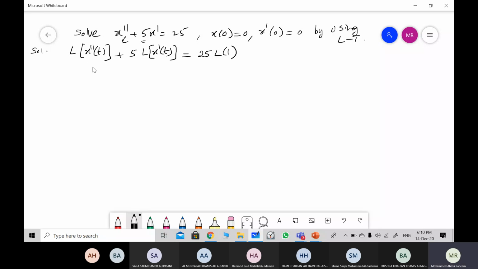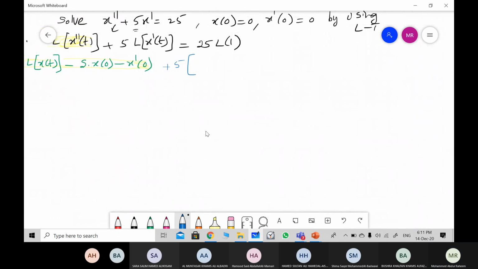Now what about the formula rule for this? Remember and write s squared L of x(t) minus s multiplied by x of 0 minus x dash 0. This is actually the rule for this. Plus 5 times L of x dash of t. How much?